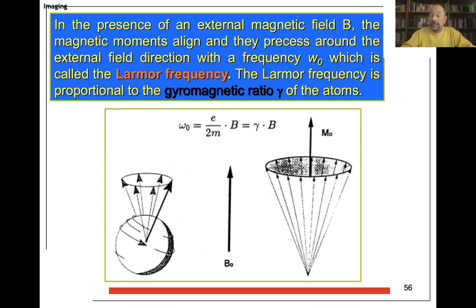And in this case, as you know, this is the same thing as in a magnet. When you have a paramagnet, not a diamagnet, all the different spins will align and they will rotate around the main axis with the Larmor frequency, which is given by this formula, where B is the external field and gamma is the gyromagnetic factor of the nucleus.